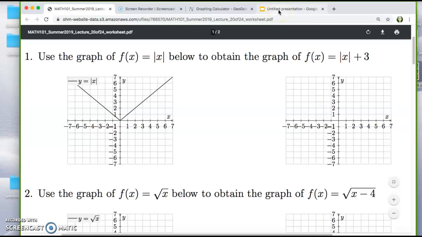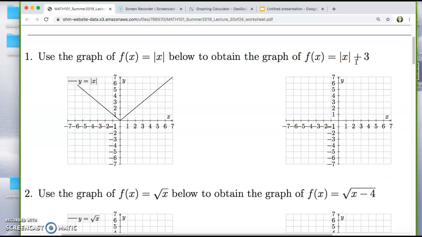Now we know that since they're adding the constant on the outside, meaning not on the inside of the absolute value, this is going to be a vertical translation, meaning you're going up or down depending on the sign. Since we have a positive 3, we're moving up 3 units.